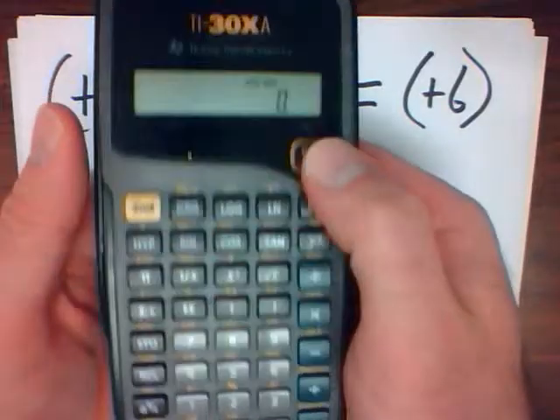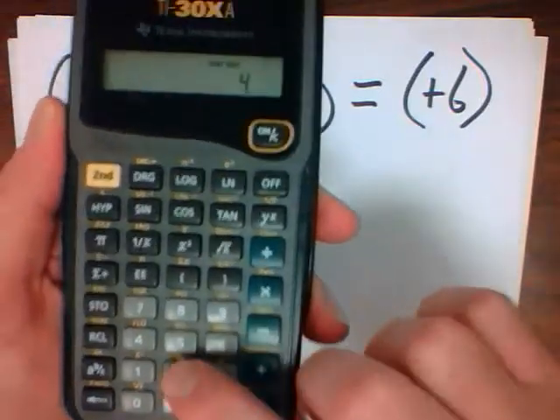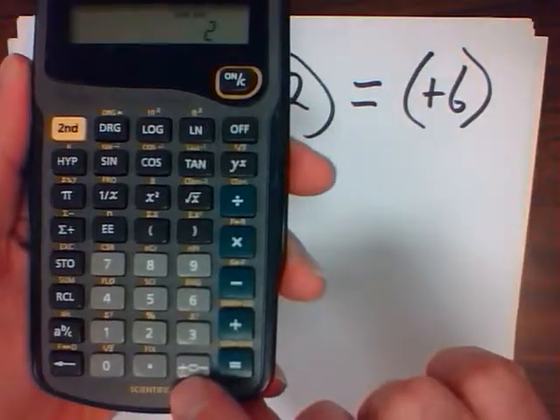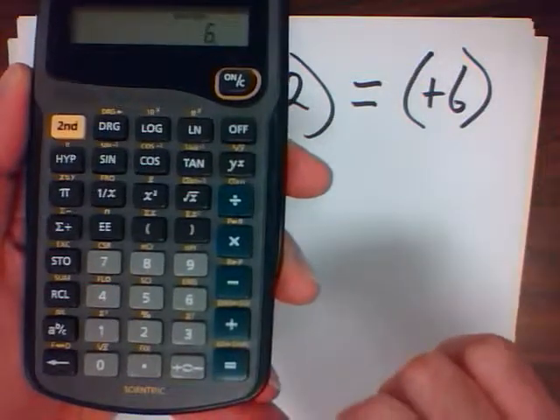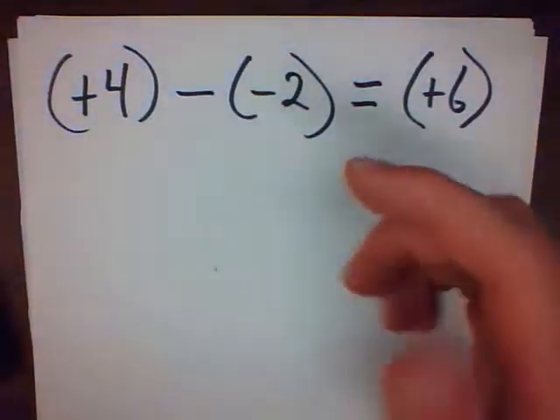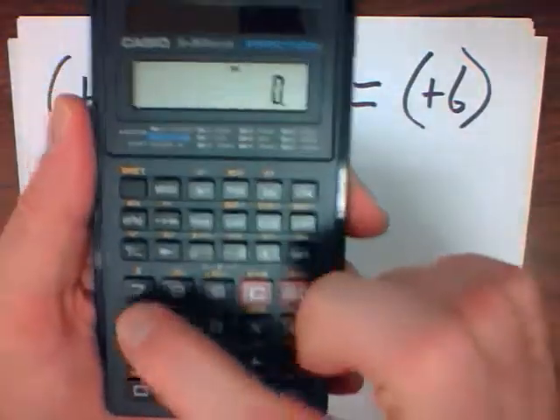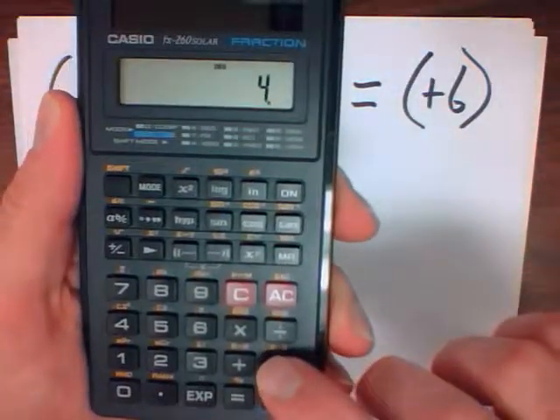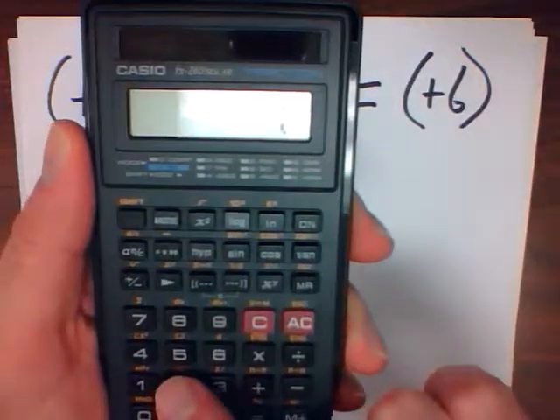Here's another one. 4 subtract 2. This one has a different kind of sign to make it negative, this symbol here. Again, that's how that one works. Last of the types of calculators that I have available to me today. 4 subtract 2.